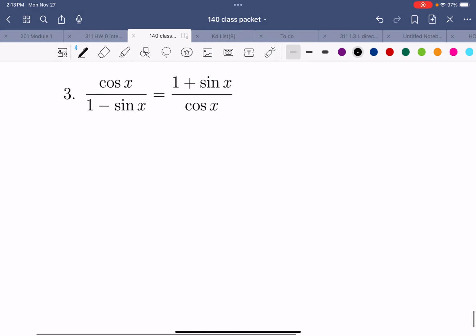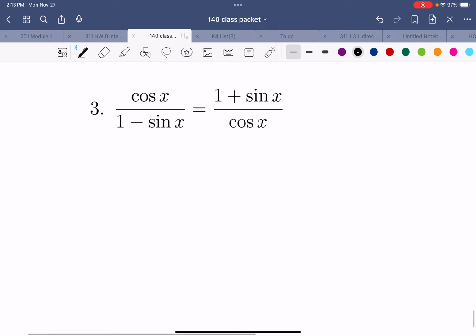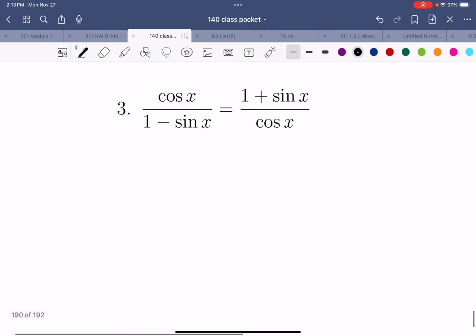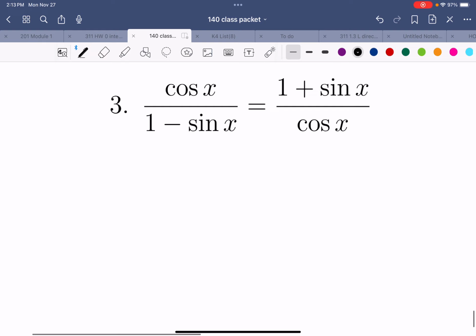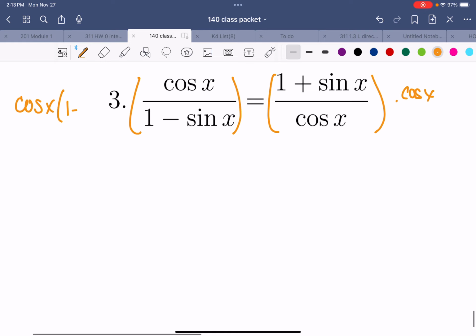On to number 3. Now this one, take notice here, this one's already in all sines and cosines, so I don't have to convert anything. So next I'm just going to deal with the fractions. So let's go ahead and clear our fractions. Let's multiply both sides by both denominators. So that's going to be times cosine x on both sides and times 1 minus sine x on both sides.